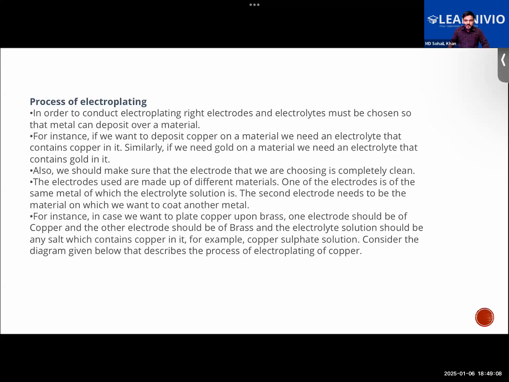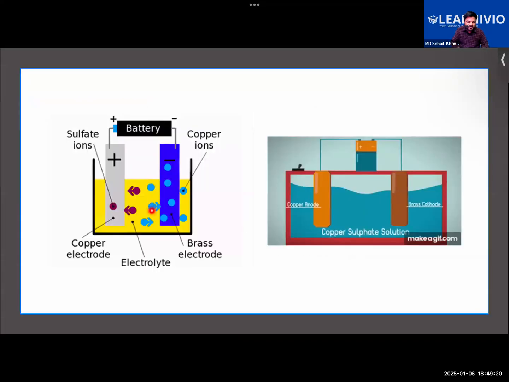Further, the electrolyte that we are going to choose here, we must ensure that this electrolyte is basically the metal salt of the metal we are supposed to coat.